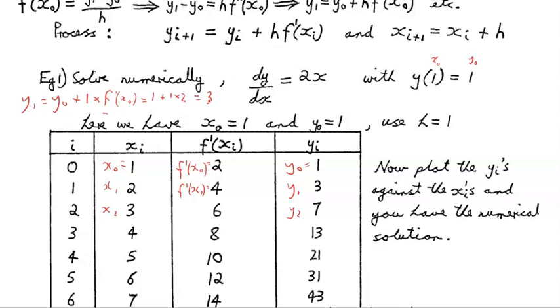If I now want to develop y2, then I'm going to need y1 plus h, which is 1, times f dash x1. Okay, now y1 is 3 plus 1 times f dash of x1. x1 is 2, so I have 2 by 2 is 4, and so 3 plus 4 is 7.